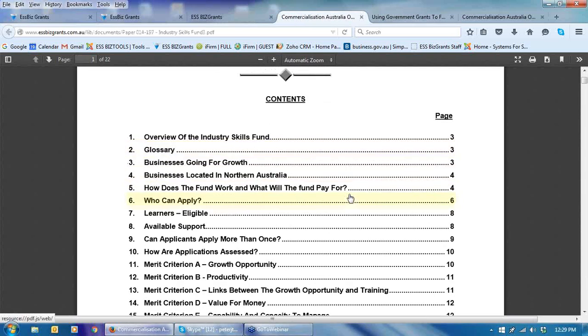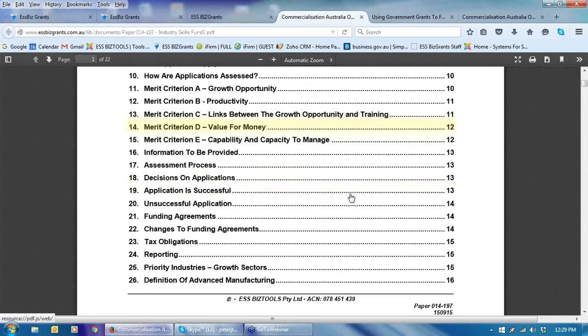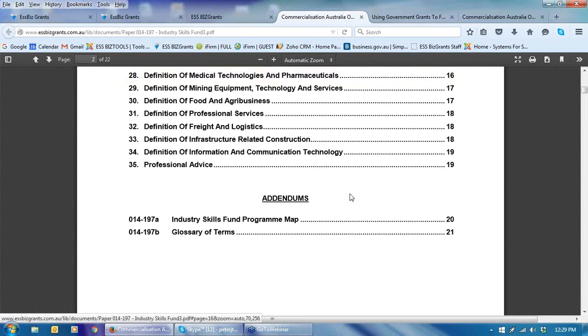So you can read the paper on this particular grant.